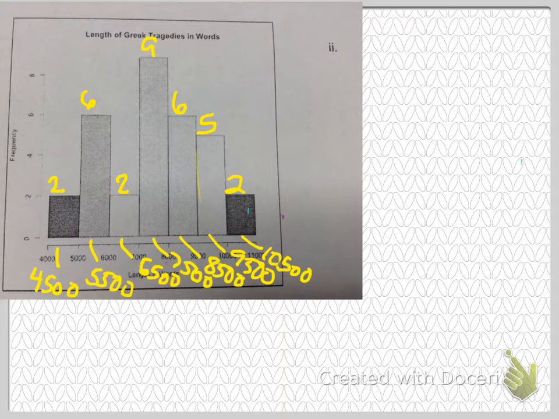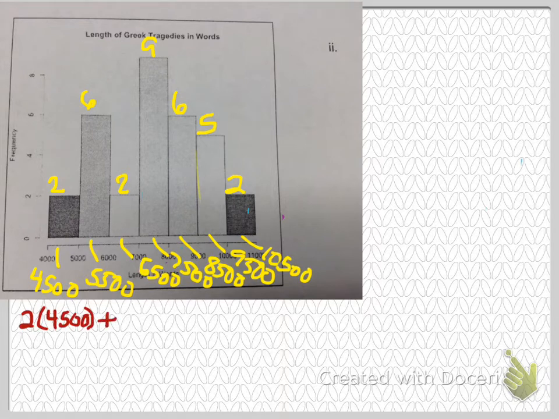And what we want to do is try to find an average. Whenever we find the mean, we need to find a total for how many words altogether are going on in this histogram. So what we're going to do is take our first bin, which had 2 items in it, and multiply 2 times 4,500.